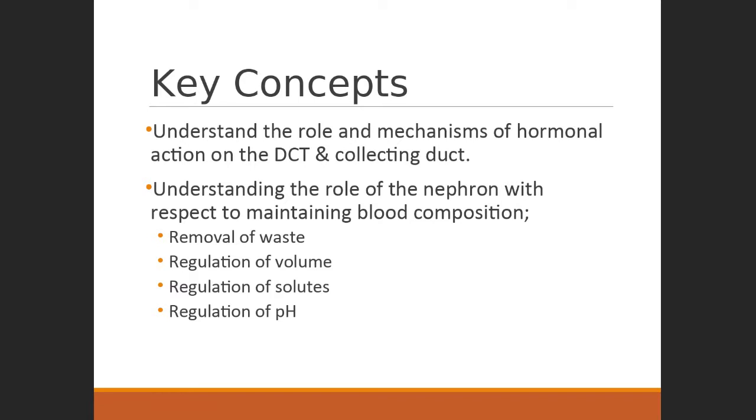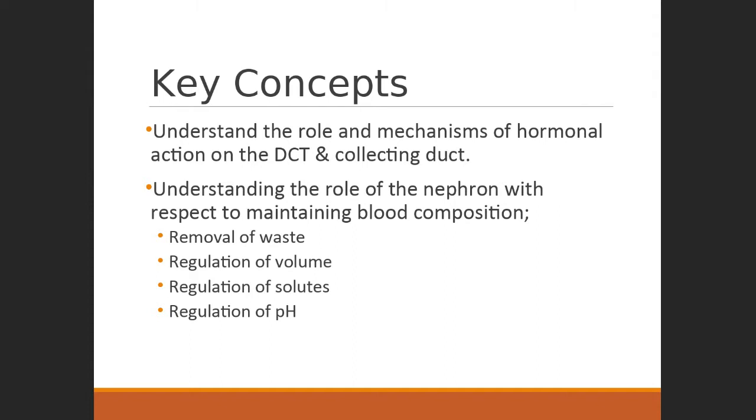So as far as key concepts go, we kind of look at key concepts for the entire urinary system right now. Obviously, anatomical aside. But by the time we got to the nephron, it's important to understand the role of the hormonal action: aldosterone, ADH, ANP.